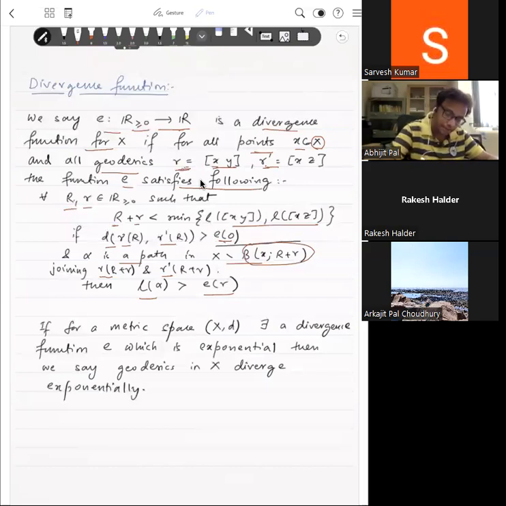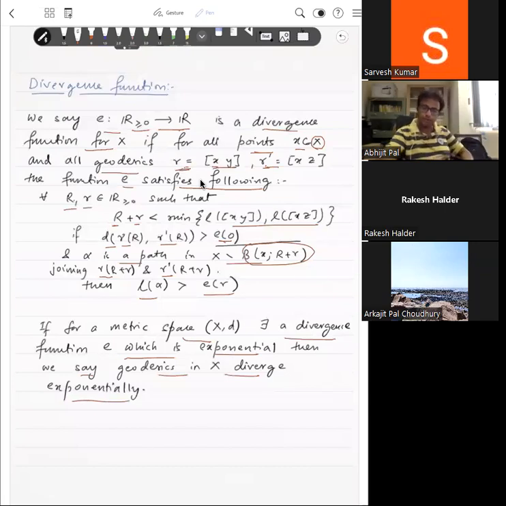If this happens, we call E a divergence function. This is the general definition. If for a metric space there exists a divergence function which is exponential, then we say geodesics in X diverge exponentially. What we have shown is that geodesics in a hyperbolic metric space, according to this definition, diverge exponentially.